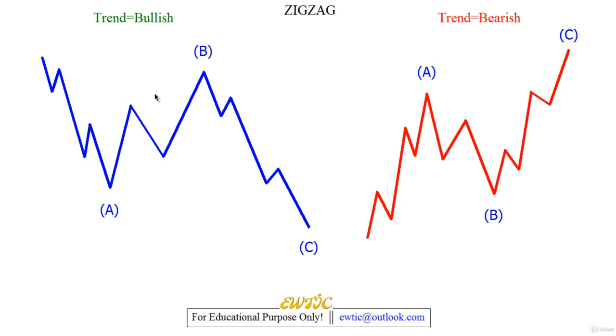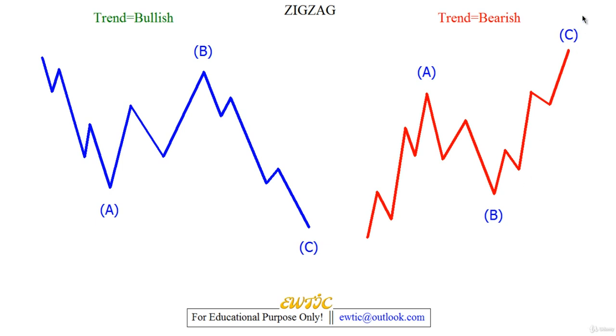Also, wave B often has clear subdivisions, mostly 3 waves, just like I have drawn here, A, B, C. Furthermore, there is a guideline that says the length of wave A and the length of wave C is usually the same or close to each other.